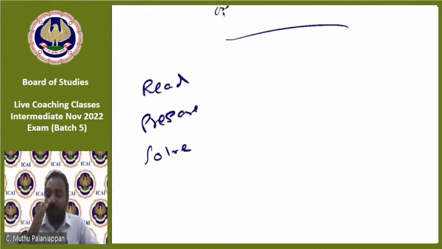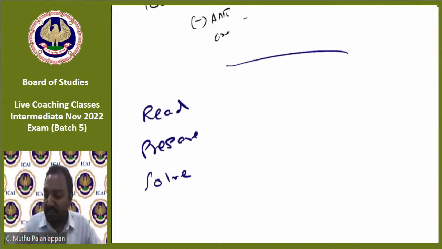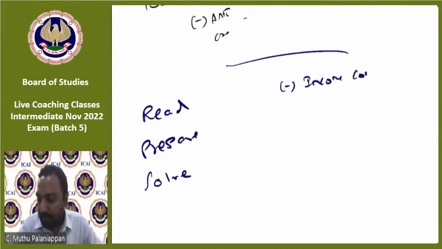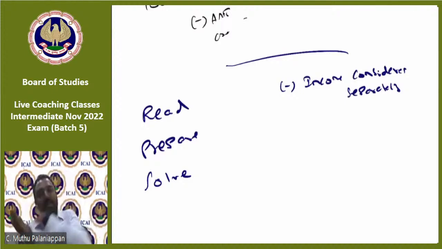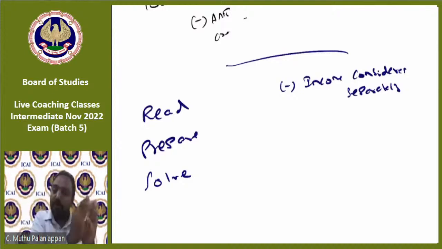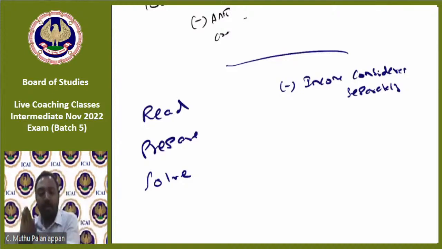In business or profession, there are 4 adjustments that you need to make. The first adjustment is minus income considered separately. So income that is not PGBP is being considered separately. I'm removing it from PGBP and will include it separately.